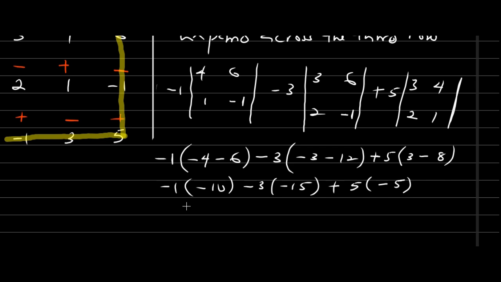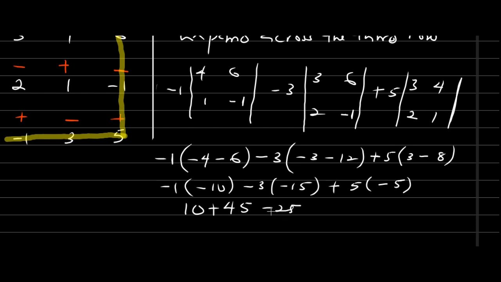Okay, minus 1 times minus 10, that is 10. Then minus 15 times minus 3, that is plus 45. Then plus 5 times minus 5, that is minus 25.